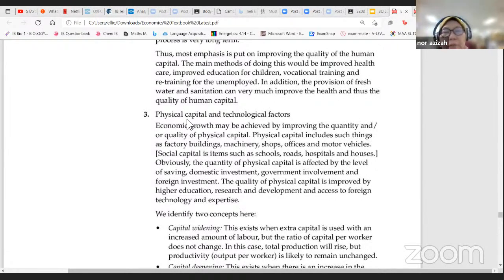Another one is the quality of people. The quality of people takes a lot of time in education and training. It is very time consuming, but a lasting one. And don't forget it takes a lot of government spending. So we have two things we can look at in terms of human capital.